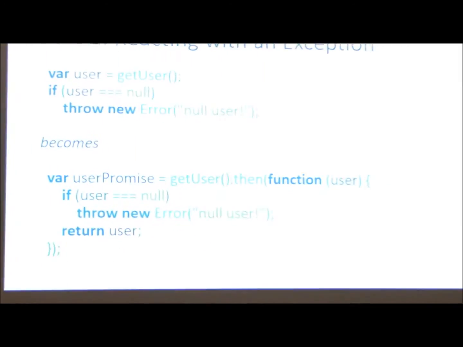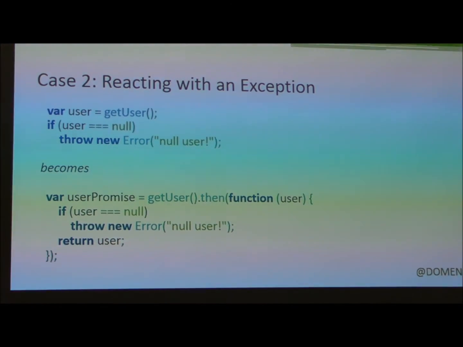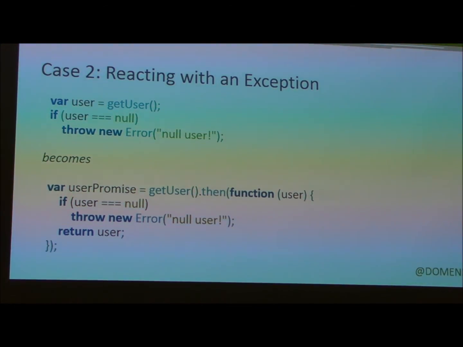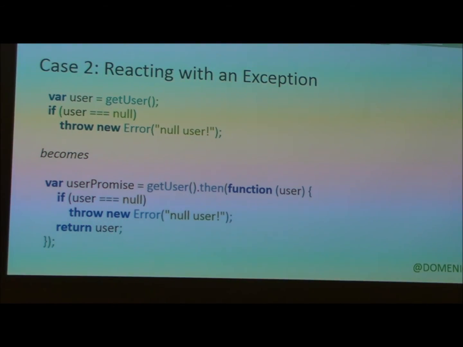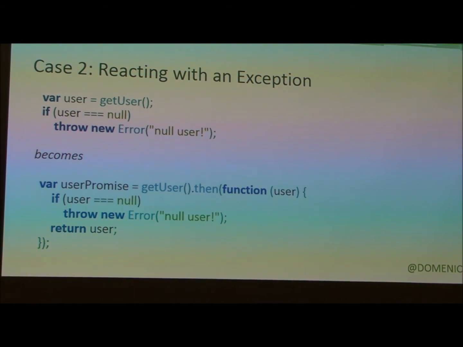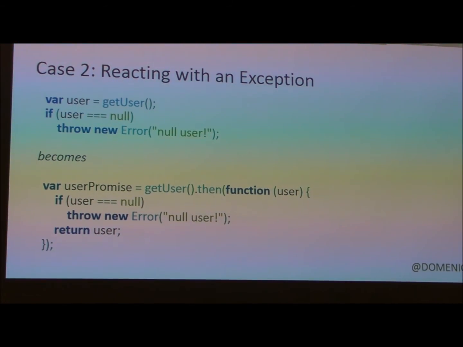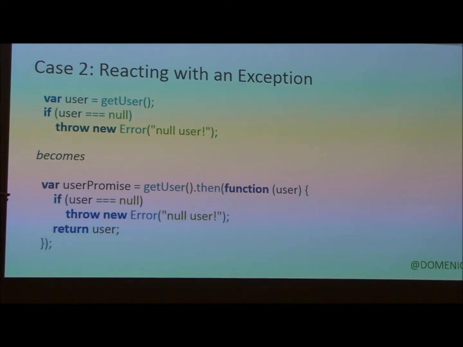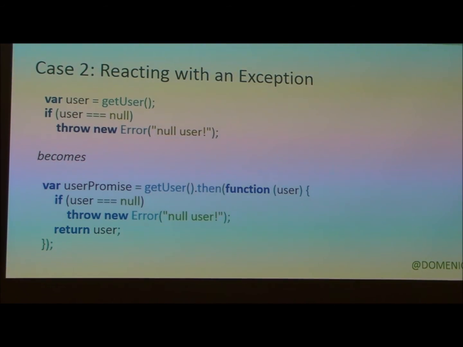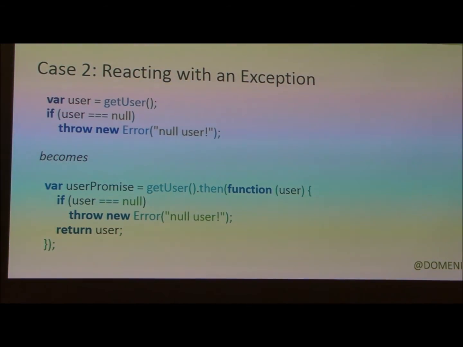So now we get into the ones with the errors, right? And this is the synchronous idea here, that you do an operation, and in reaction to that, maybe in some cases, you throw an error. So what we do here in promise land is we say get the user, and then in reaction to that, if the user is null, just throw the error.